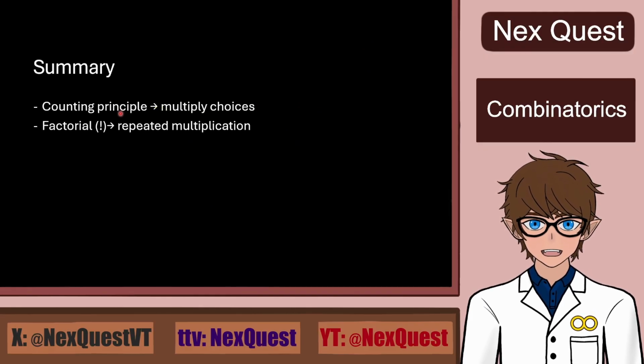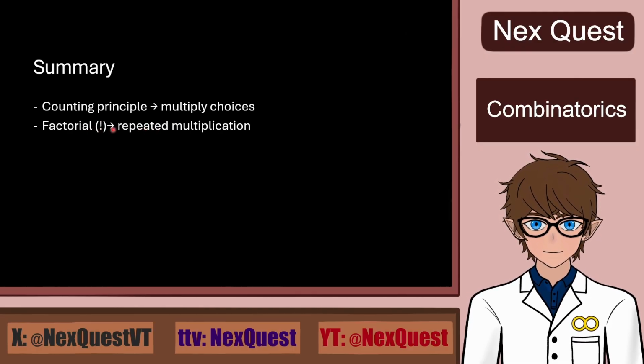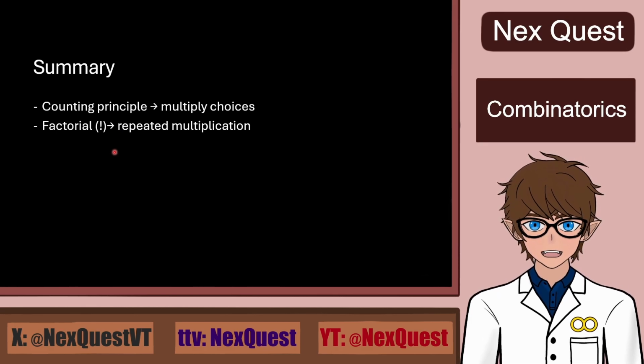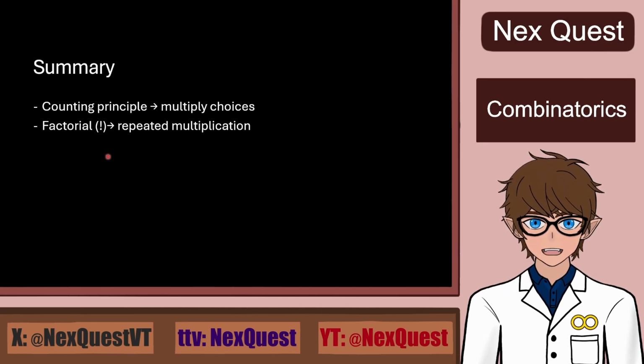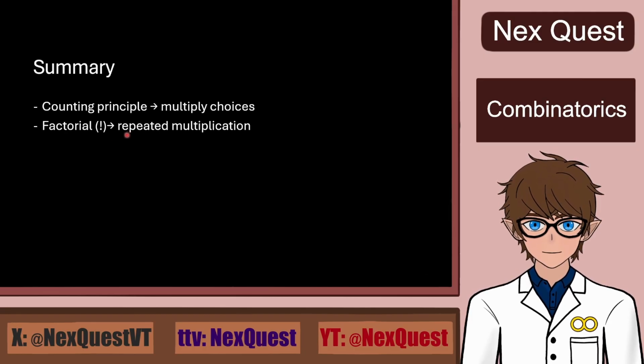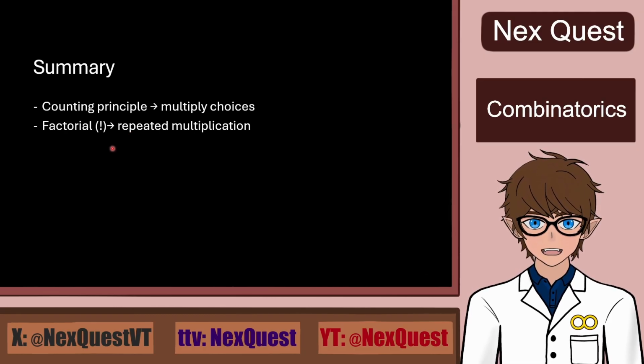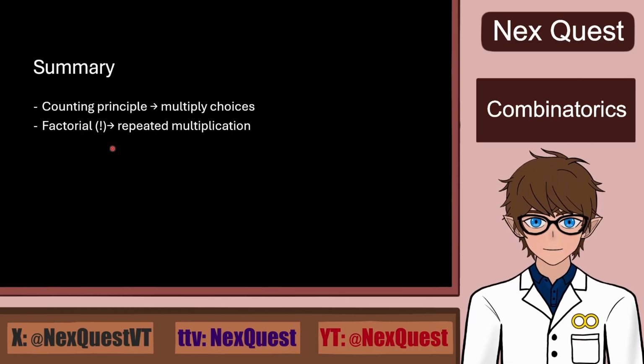Next is factorial, an exclamation mark, which is an operation that means the product of all natural numbers from 1 to n. Factorial is so like 1 times 2 times 3 times 4 times 5, etc., and is used when counting possible orders where the items are consumed or taken away from the original set, so we cannot use them in the order anymore.